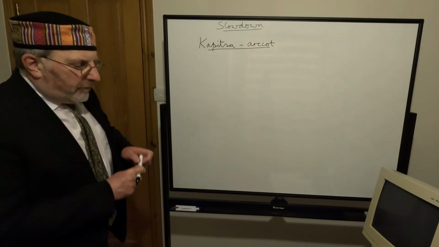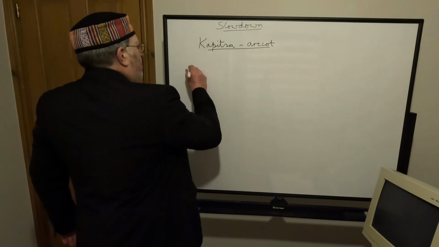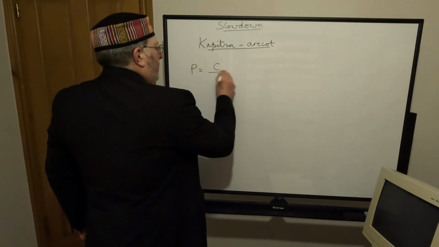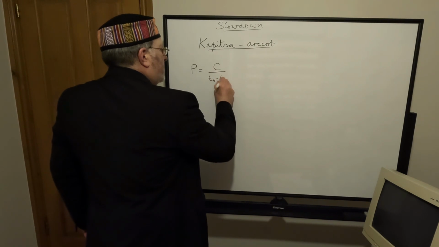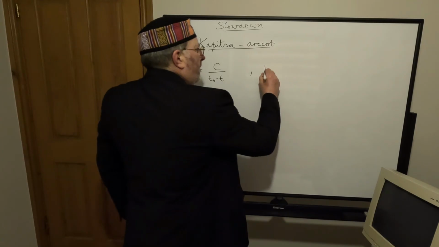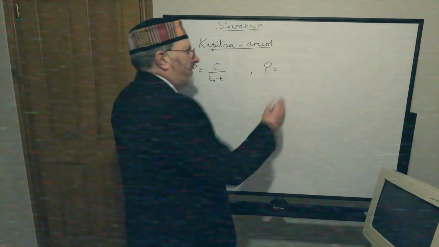And specifically, where we had, for the hyperbolic model, that P is equal to C over T0 minus T, he suggests what we actually need is an equation like this.